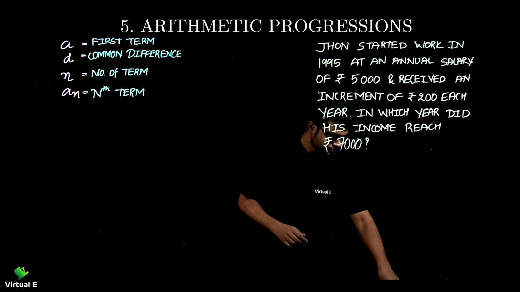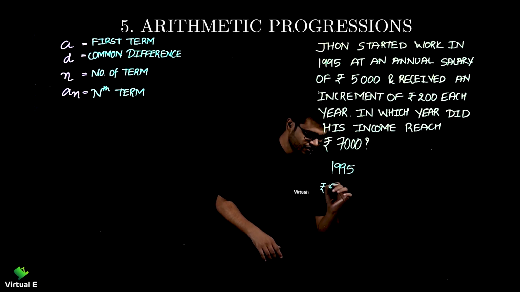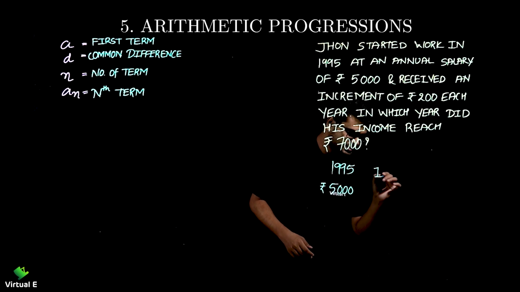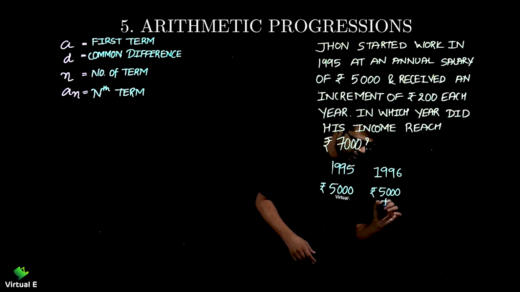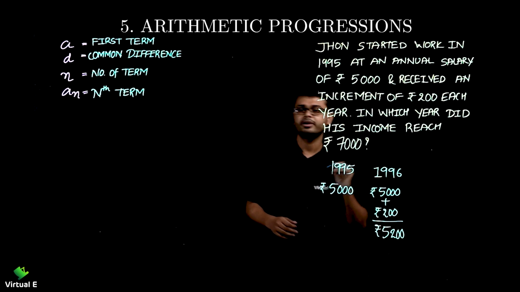Let's write it. In year 1995 the salary is rupees 5,000. In 1996 he is going to get rupees 5,000 plus rupees 200 increment, so the total is 5,200.